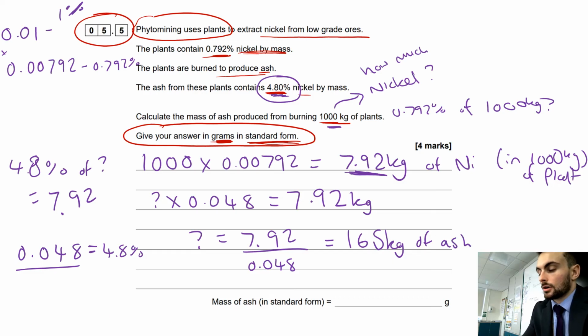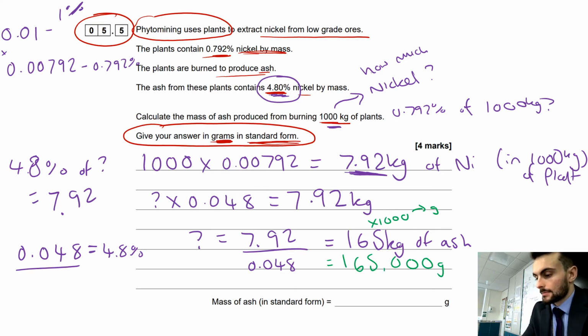We're not quite done there because we need to times it by 1,000 to get it into grams. So that's going to be 165,000 grams of ash, and then we need to turn it into standard form.